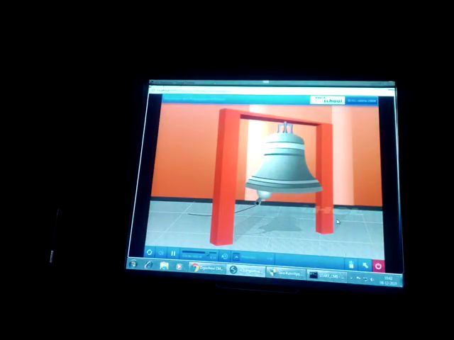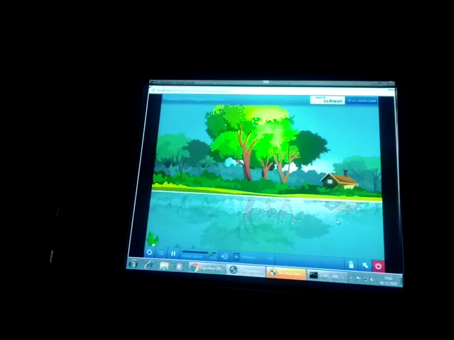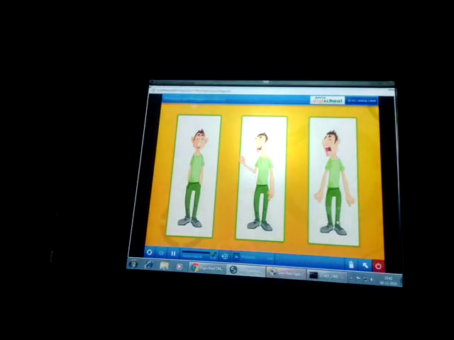Let's see what these sound vibrations look like. Sound waves are like ripples on water. But how do we produce the sound with which we speak, sing, and shout? Let us find out.